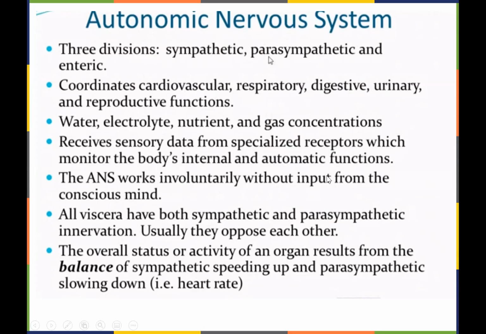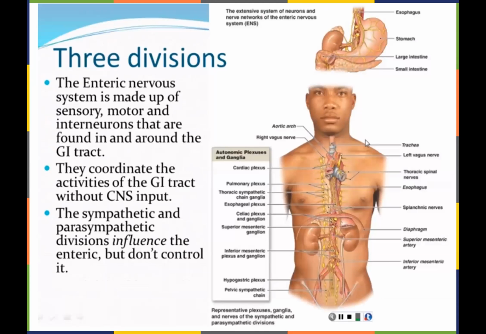So this slide is talking about the function of the autonomic nervous system and the 3 different divisions. As I told you, we have the sympathetic, parasympathetic, and enteric. The enteric nervous system is the sensory and motor and interneurons that are found in the GI tract.